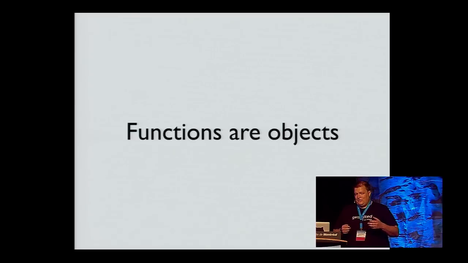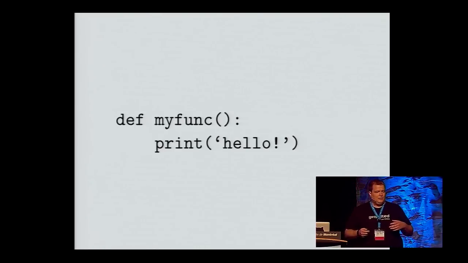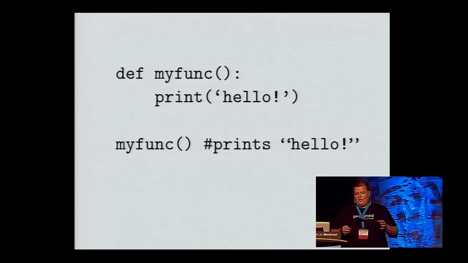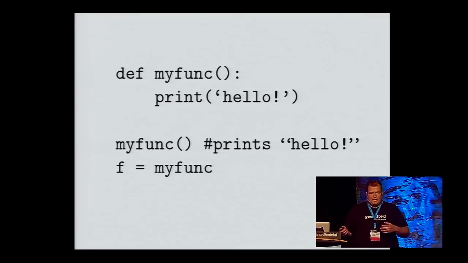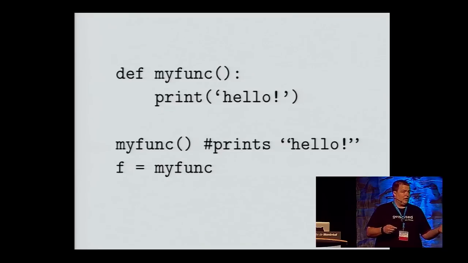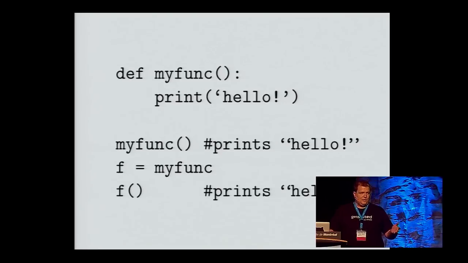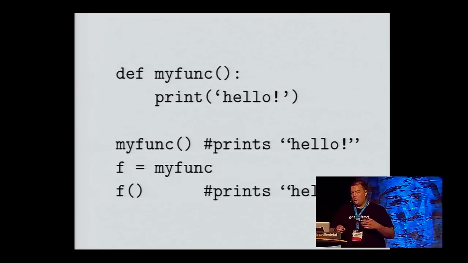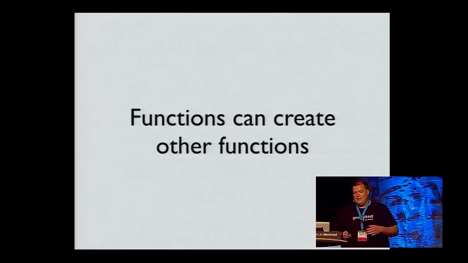And this allows us to do really cool things. We can define our function that prints hello, and when we call that function, it prints hello. We can assign it to another variable, and then call that variable, and it still retains the original functionality. I know this is a really basic example, but it's important to realize that we can just pass around functions like any other object.